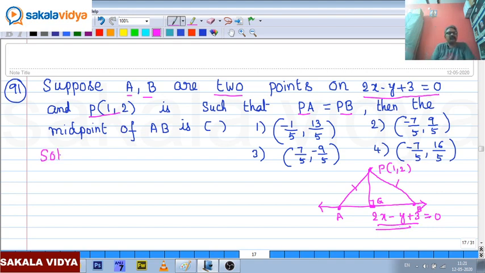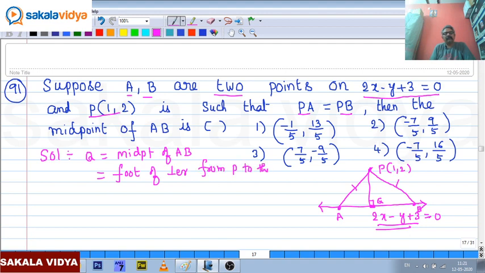So that means Q, the midpoint of AB, equals the foot of the perpendicular from P to the line.